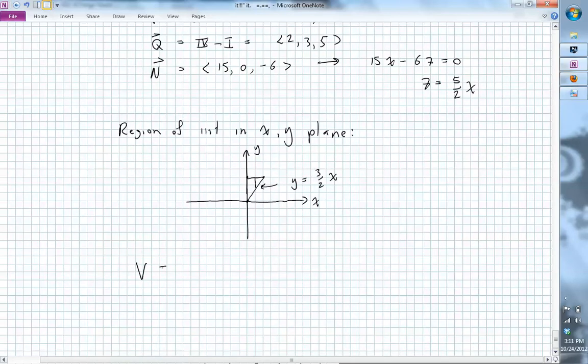The volume of this figure is a triple integral. Z goes from 0 up to 5 halves x. Y goes from 3 halves x up to 3. And x goes from 0 up to 2.